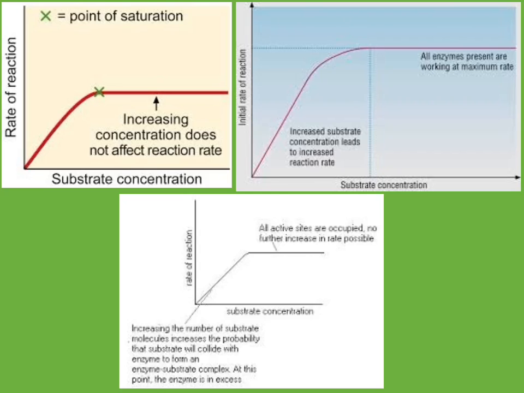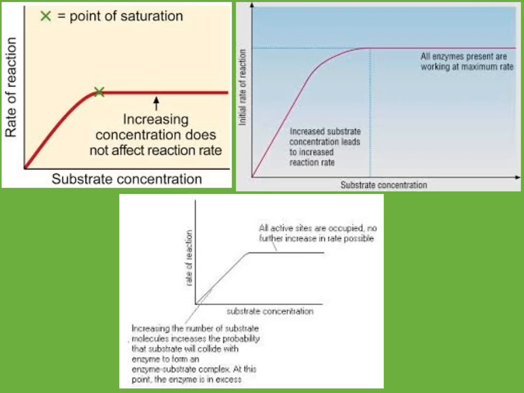The second graph now explains the same thing with substrate concentration. You now see that just at the beginning here, increased substrate concentration leads to increased reaction rate. You now see that as the concentration of the substrate is increasing, the reaction is increasing until the point where all the active sites now have been occupied and the graph tails off or flattens.